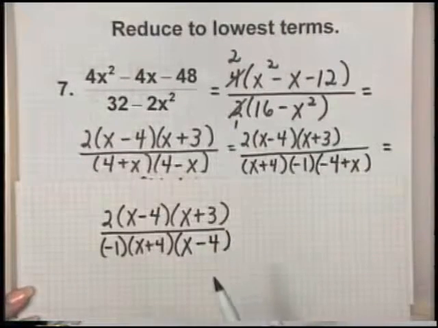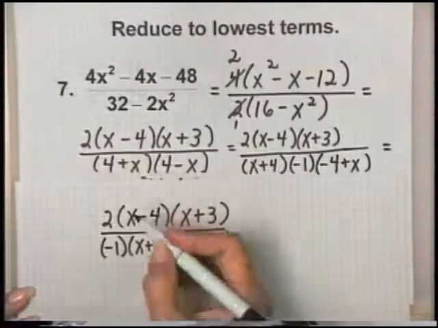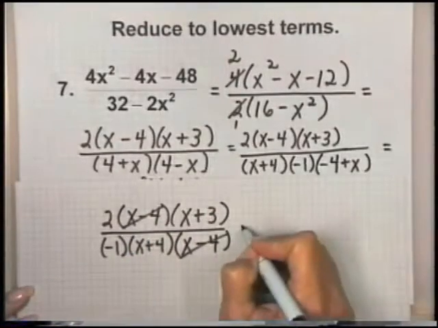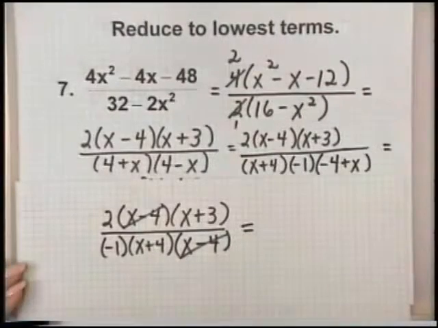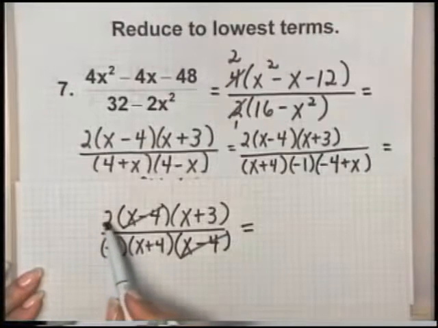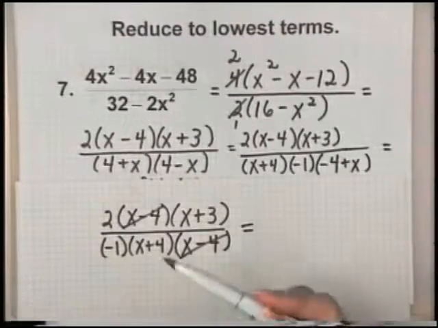And now what can I do? I have a common factor in the numerator and denominator, x minus 4. So let's divide those common factors out. The other thing I'm going to do is I have a -1 in the denominator.